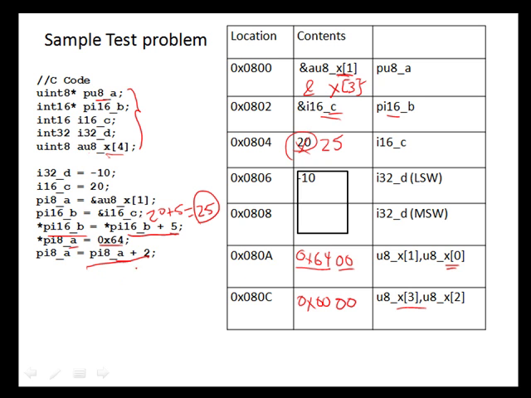The other way to do this is think about this as hex addresses. A did contain the address of x[1]. What's the address of x[1]? The address of x[1] is going to be 80B. When we add 2 to it, remember this is pointer arithmetic, we're going to take this 2 and multiply it by the size of whatever this data type is, which in this case is 1. So we're simply going to be adding 2 to this value.